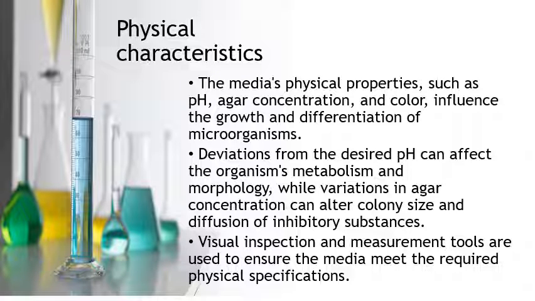In certain instances, visual inspection and measurement tools are used to ensure that the media meet the required physical specification before this media is deployed for use, or before it can be sold, or before it is autoclaved for cultivation of microorganisms. And the physical characteristic is very important.